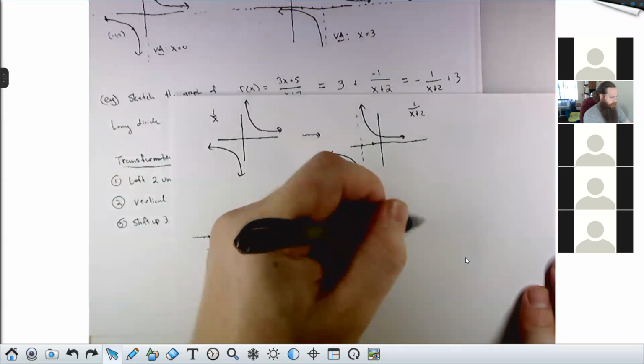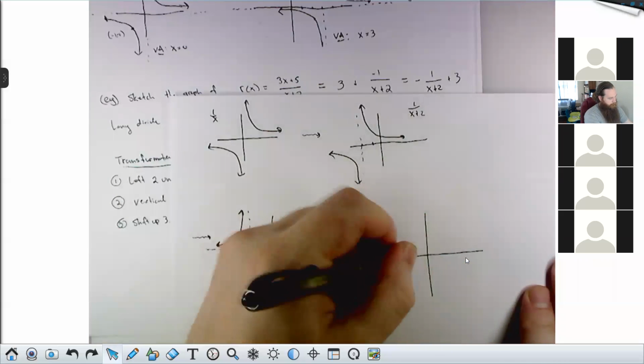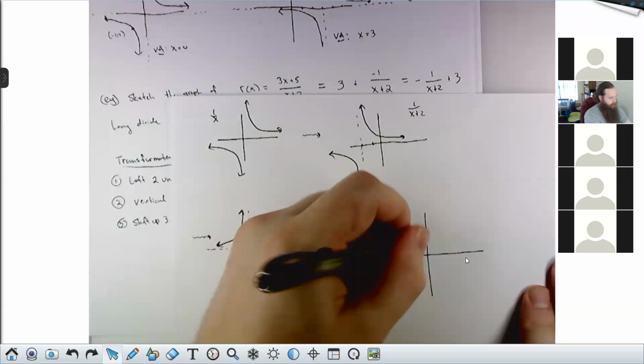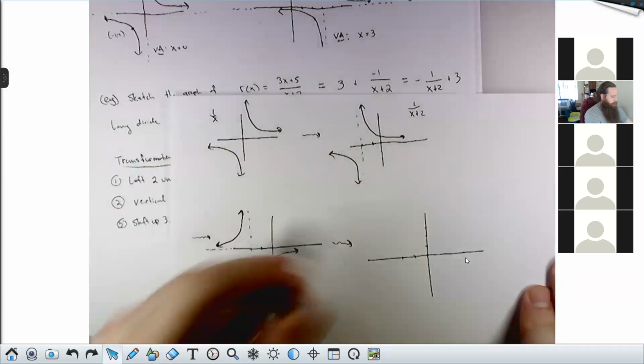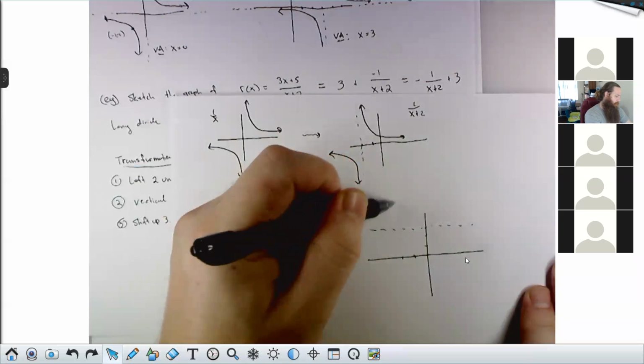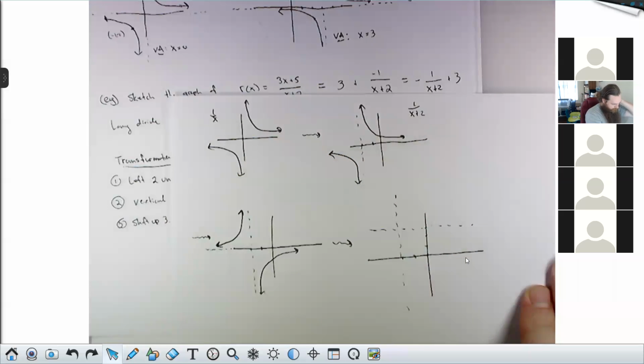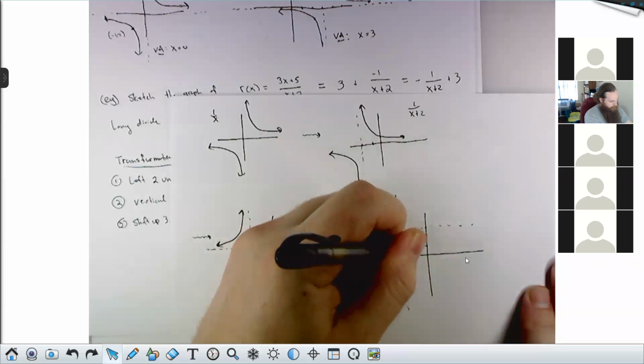So our final graph here, take this guy and bump him up 3 units. And we will get something like this.